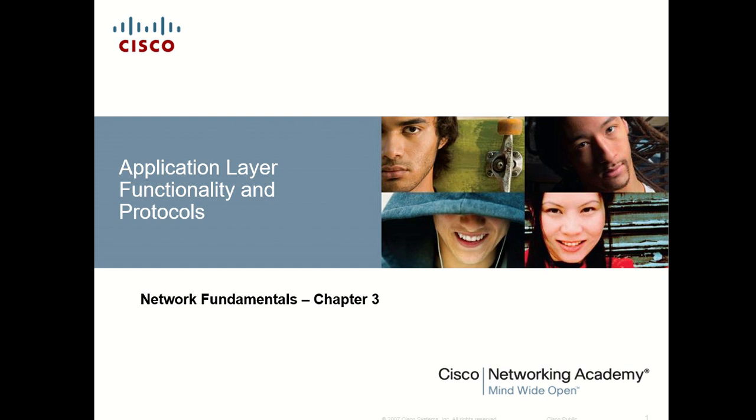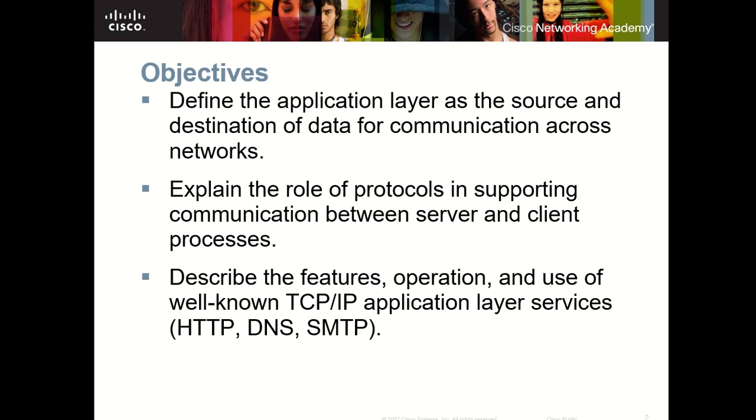Chapter 3 will focus on the application layer, its functionalities and protocols nga gigamit ni application layer so that ma-facilitate niya tanan nga request sa iyahang users. We only have three objectives for this chapter. First is to define the application layer as the source and destination of data for communication across the network.